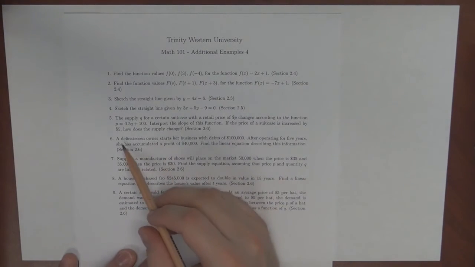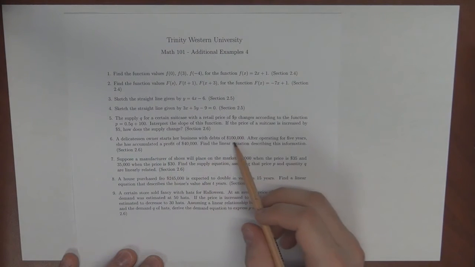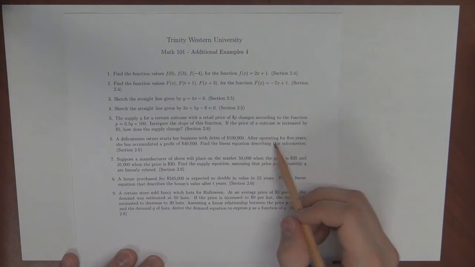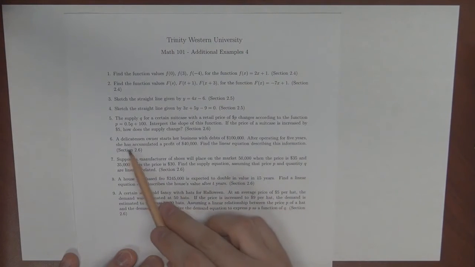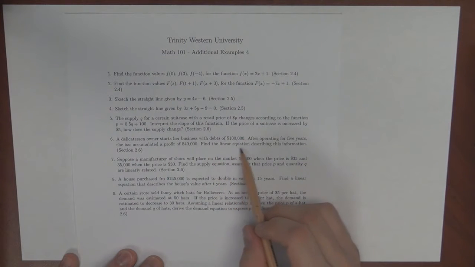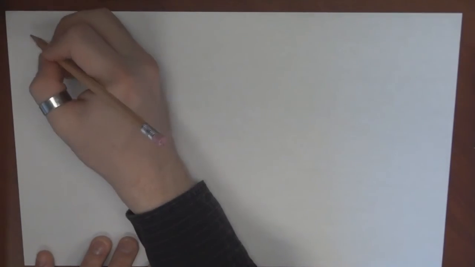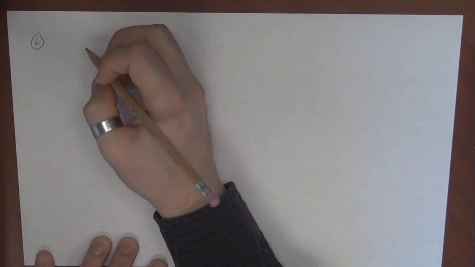In number 6, a delicatessen owner starts her business with debts of $100,000. After operating for 5 years, she has accumulated a profit of $40,000. Find the linear equation describing this information. So we are going to have to define some variables.